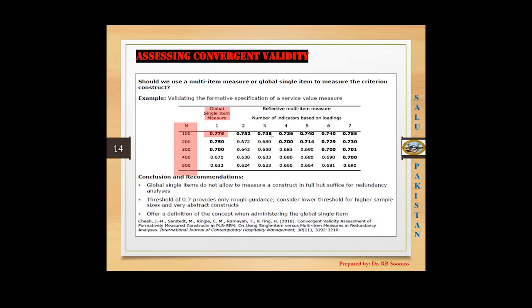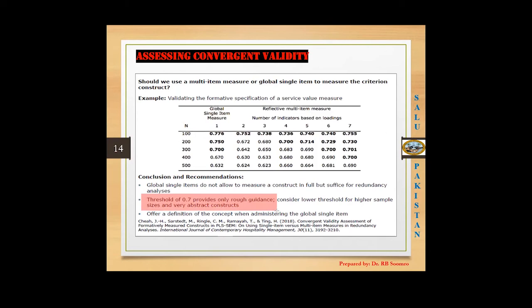And if multi-items are there, we see all are higher than 0.7, and almost all are the same if the sample size is 100. But if you increase your sample size, it may happen that the value comes down below 0.7. So the solution to this problem is that the threshold of 0.7 provides only rough guidance. This is a rule of thumb.